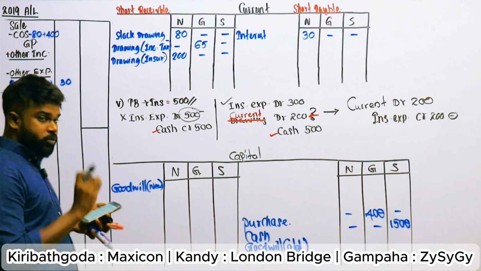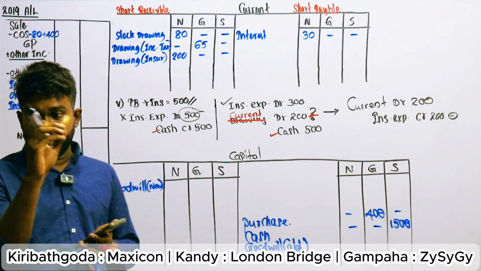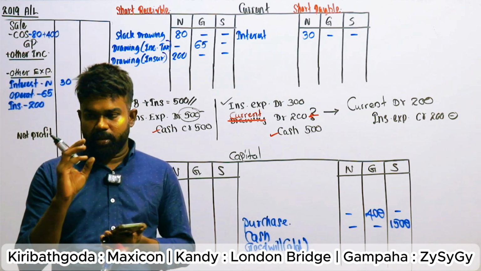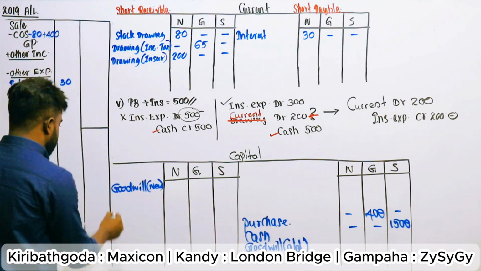It should be 1500, right? Please remove one zero. There should be only 5 zeros.